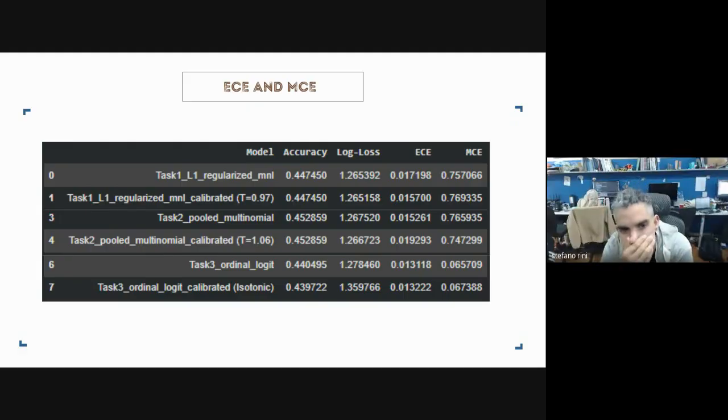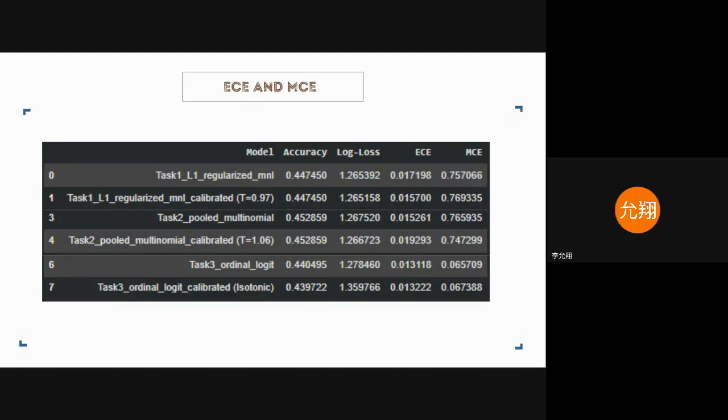Go ahead. In task 2, temperature scaling improves every metric, showing better calibration. While in task 3, isotonic regression can make log loss worse, and model confidence is highly concentrated, so calibration is maybe ineffective. I think this task does not benefit from calibration, but I'll talk about it maybe later.